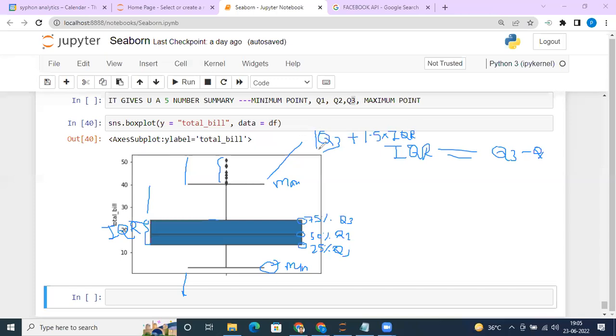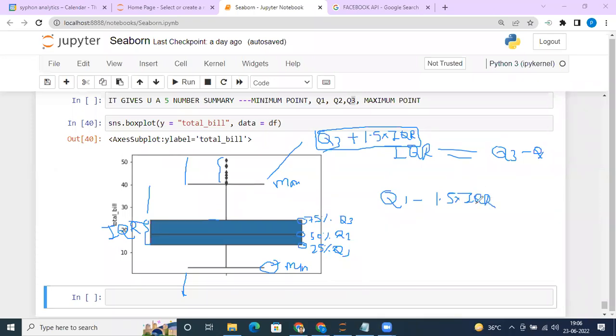So this is your maximum value, Q3 plus 1.5 times IQR. Similarly, what is the minimum value? Minimum value is Q1 minus 1.5 times IQR.